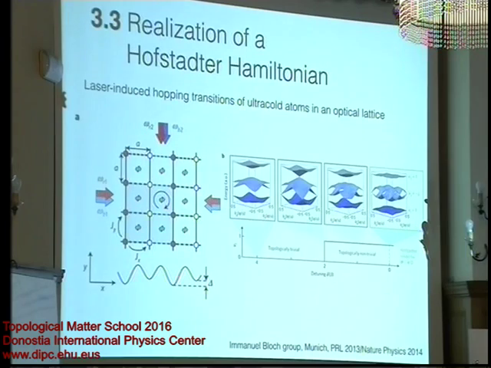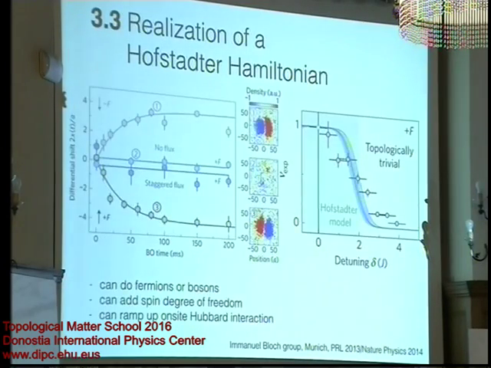And then, depending on all these parameters, they can tune between topological and non-topological regimes, and they can map out the Chern number by seeing, again, from the drift of the atom clouds, whether you have this chirality in the system. You can actually even quantitatively measure the Chern number in this system under some assumptions.